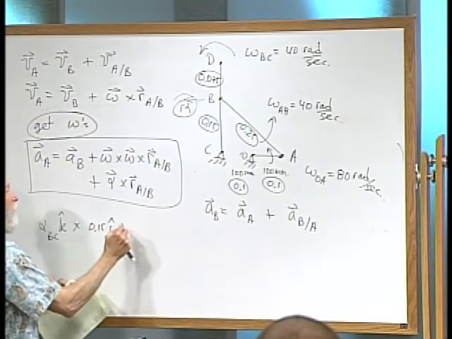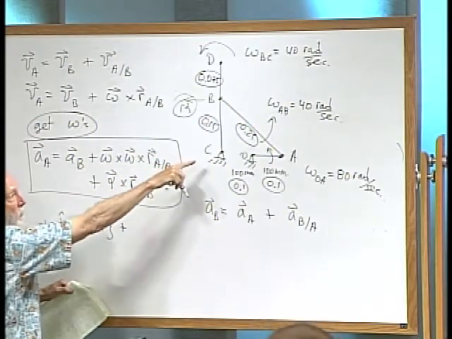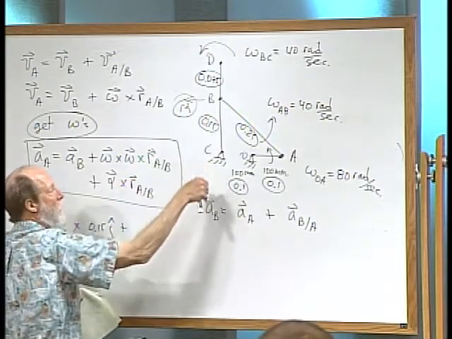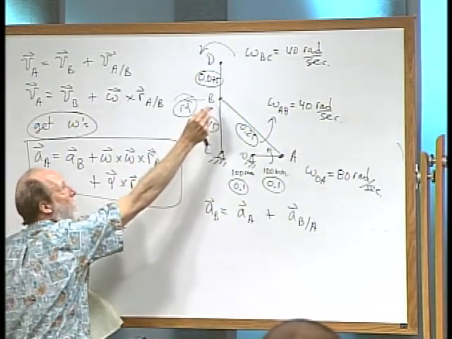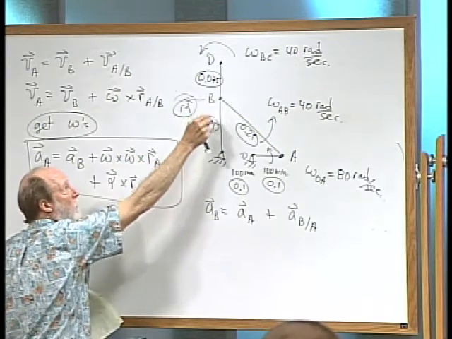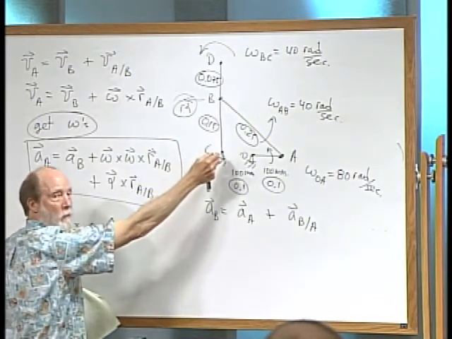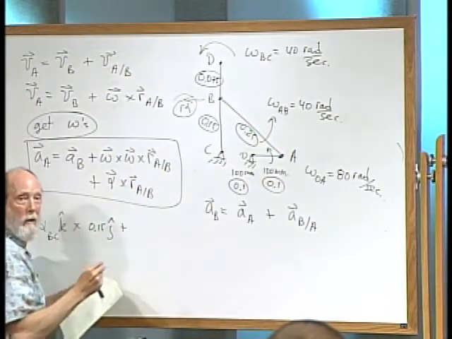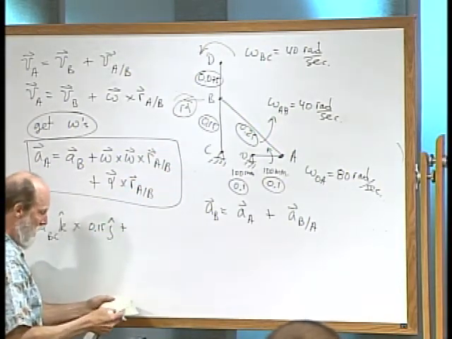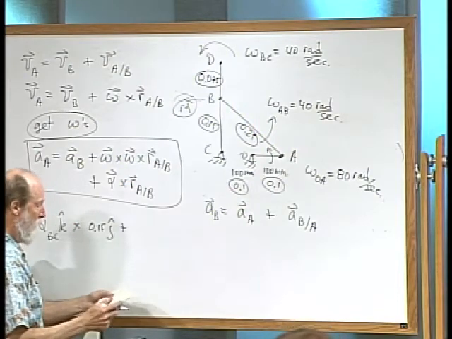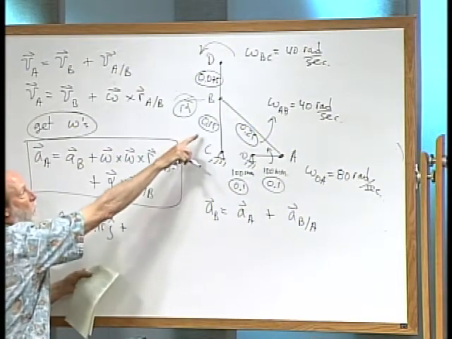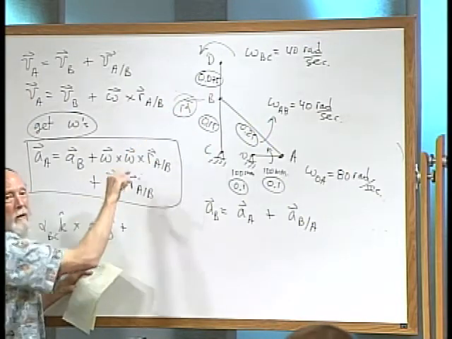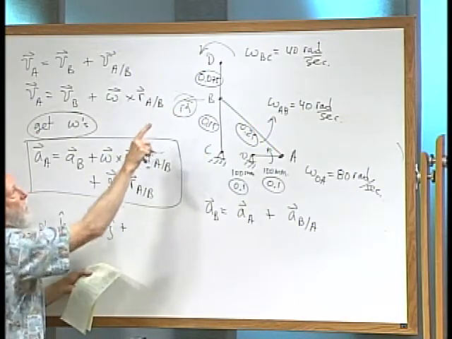And we have to add to it the fact that B is rotating about C. What other part of acceleration exists for B? It has to be one pointing back towards the rotation point, doesn't there? And that's the omega cross R. So that's going to be the computed value, which is 0.15 lever arm, and the omega BC is 40.